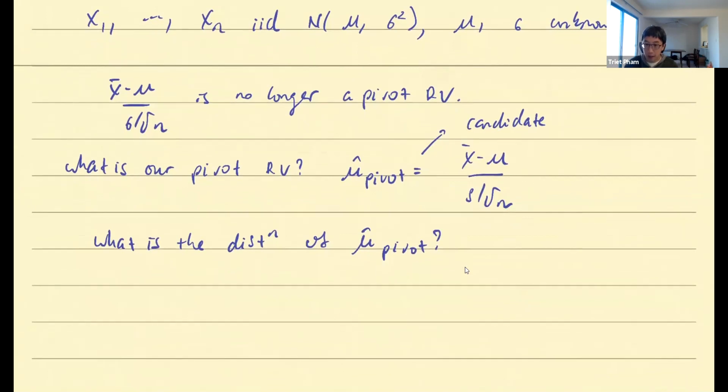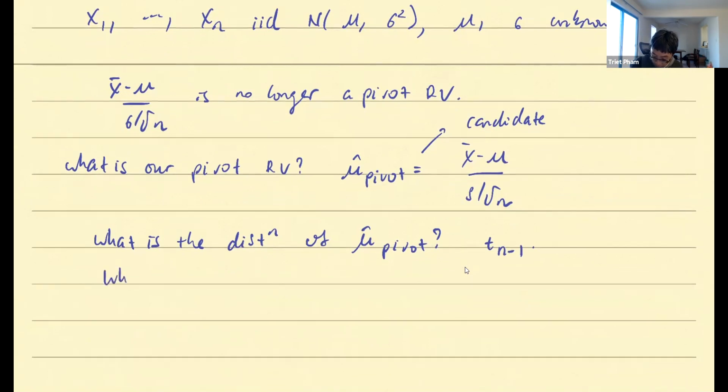Anyway, right here, the answer is, of course, the famous T distribution, T n minus 1. So the point is to show what a T n minus 1 is and why. That's the question that we should address.